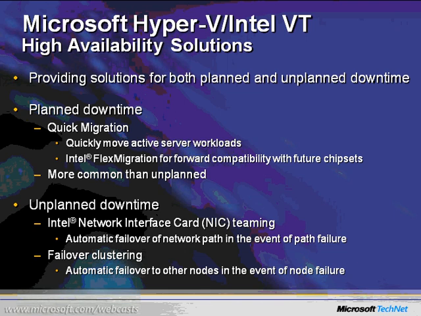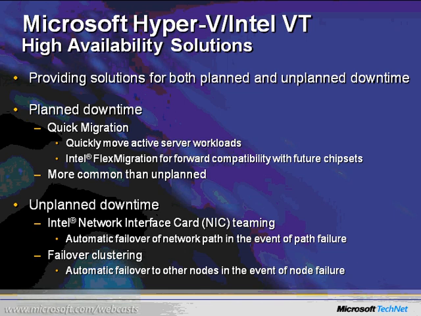So some of the high availability solutions that come to bear with Microsoft Hyper-V and Intel VT hardware-assisted virtualization provide for both planned as well as unplanned downtime. For planned downtime, we can take advantage of a failover clustering feature called quick migration.